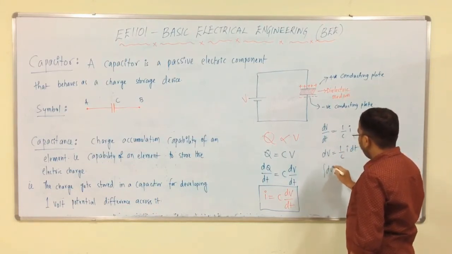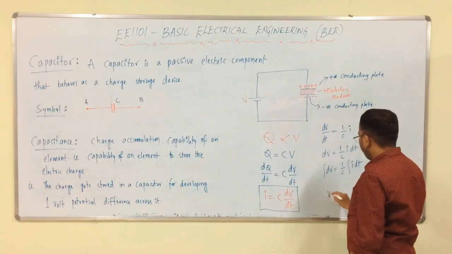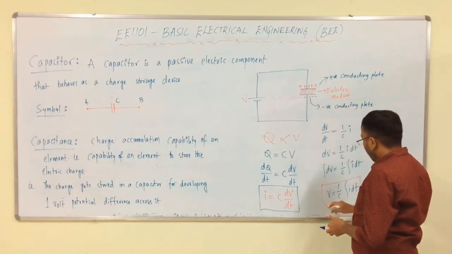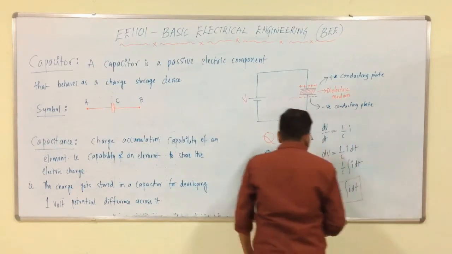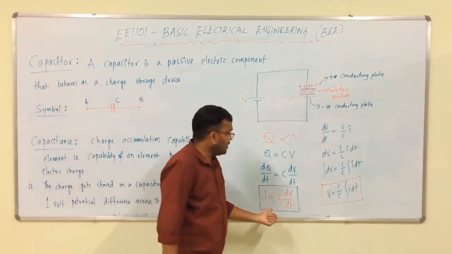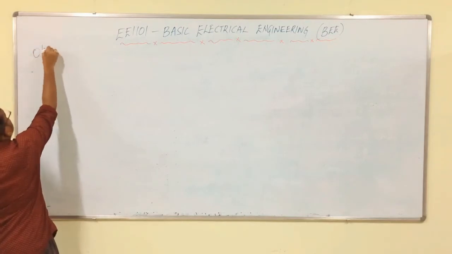So, integral dV is equal to 1 by C integral I dt, which is nothing but V is equal to 1 by C integral I dt. This is the value of voltage in a capacitor. This is the current and this is the voltage. Observations.